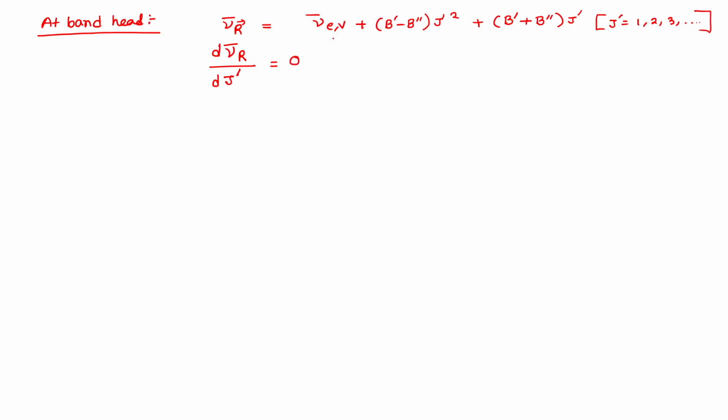So that actually gives you, what is that? With respect to your J, it is going to be 0 plus this will give you 2 into B dash minus B double dash into your J dash, and this will only give you B dash plus B double dash, right?